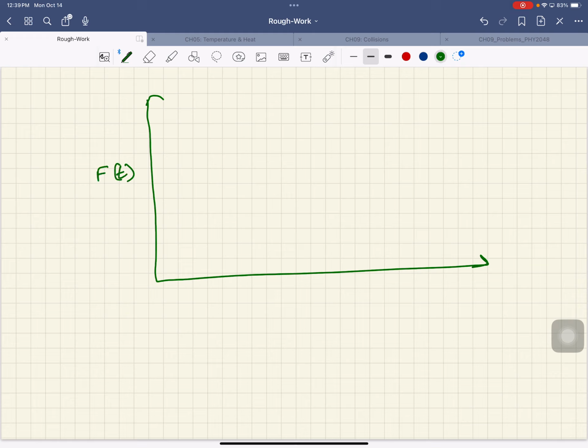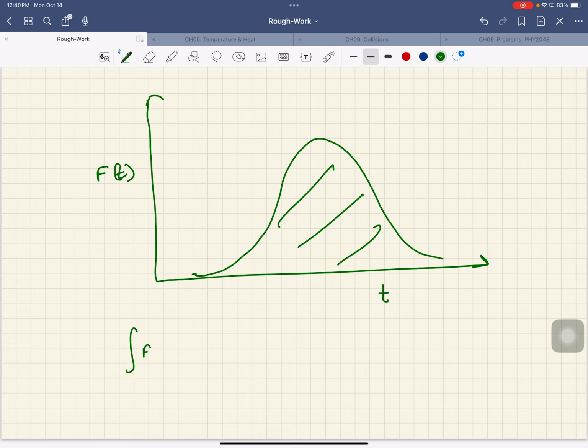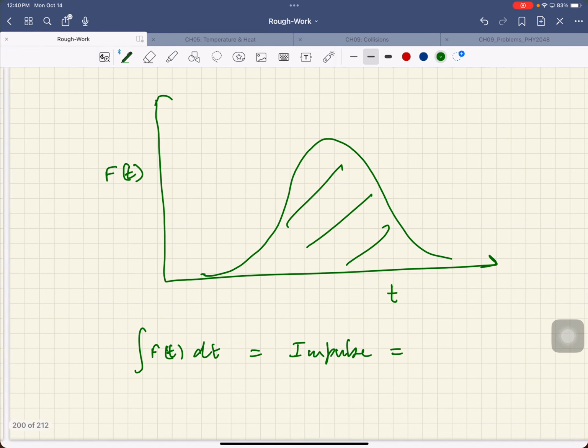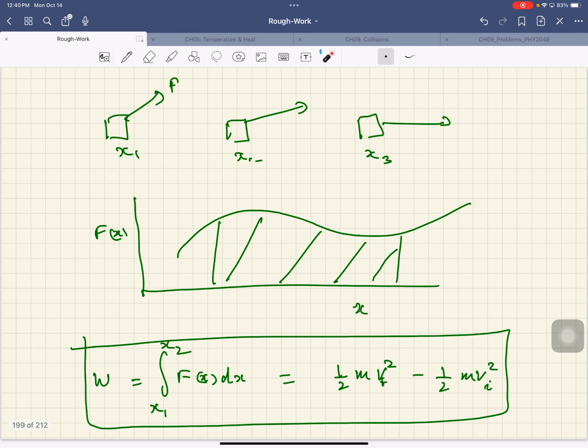So let's say you have a force like this. This area we'll call an impulse. And that'll be just like this. The work done showed up as change in kinetic energy.